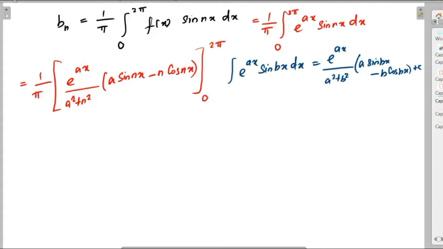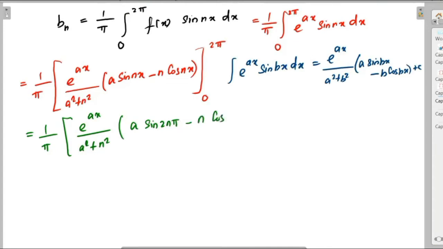Which is equal to e power ax divided by a square plus n square. Now I am going to substitute upper limit first. So a sin 2n pi minus n cos 2n pi, minus lower limit. So instead of x you have to substitute 0.